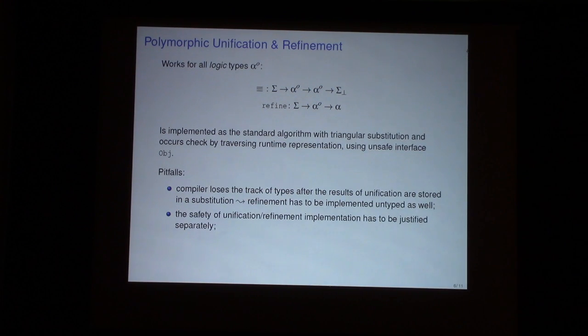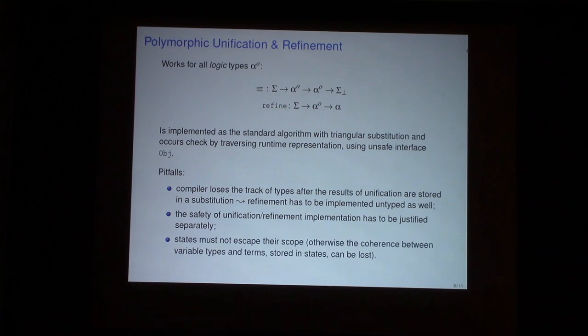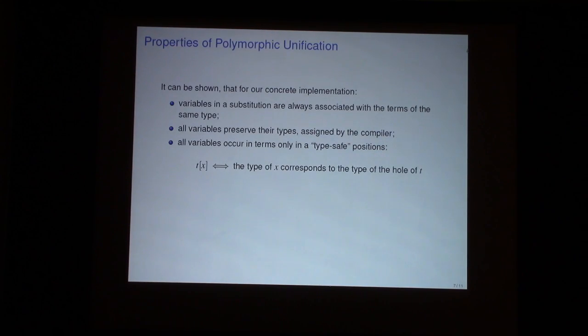And we need to prove that unification and reification are done correctly, and that the states which are used during reification cannot escape the scope. Otherwise, we'll lose the link between logical variables and the states where they were introduced. So we have in a paper an algorithm which describes how to do unification, and we implemented this algorithm.